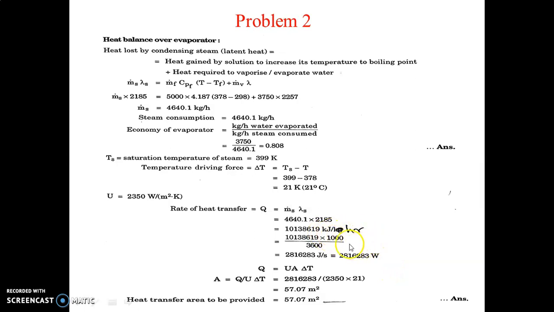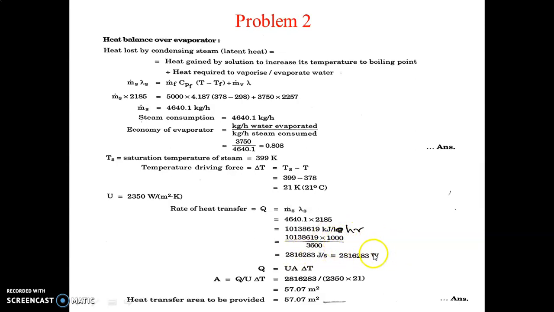So we convert by multiplying by 1000 divided by 3600, which converts kilojoules into joules and hours into seconds. So we get 2816283 joules per second, which is nothing but watt. This conversion is important to note while solving the problem in exam.